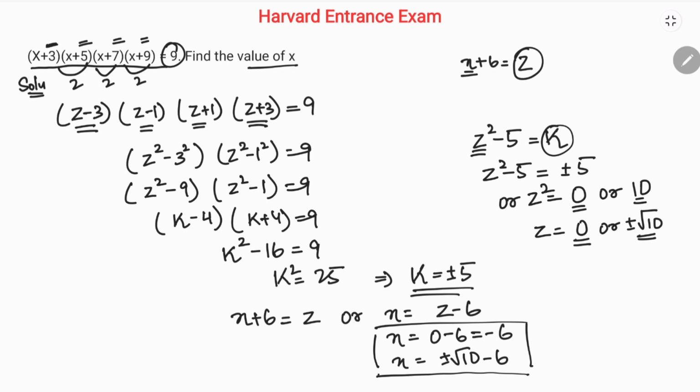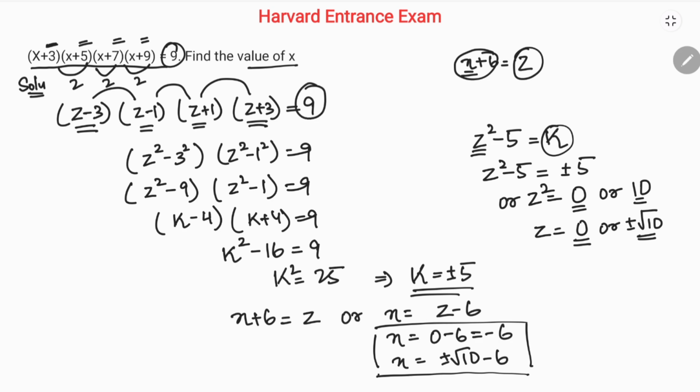So we solved this question very simply. We just found a pattern that x plus 3, x plus 5, x plus 7 and x plus 9 have a difference of 2. So we substituted z as x plus 6. So we have got that z minus 3 into z minus 1 into z plus 1 into z plus 3 is equal to 9.